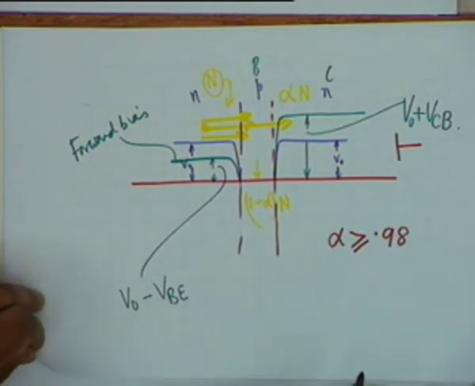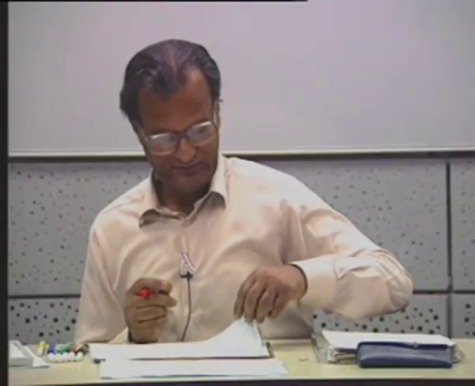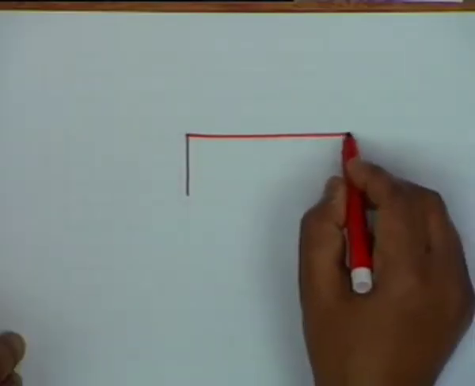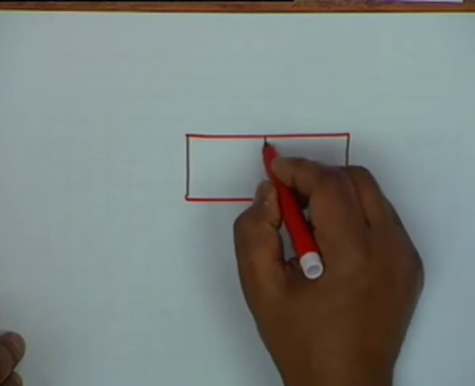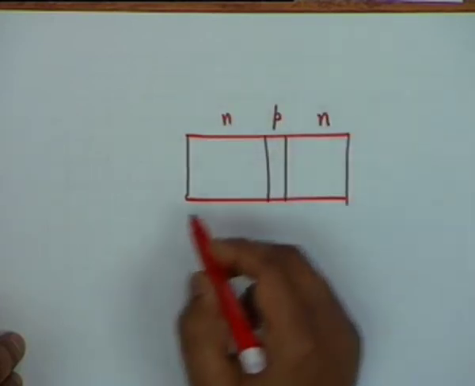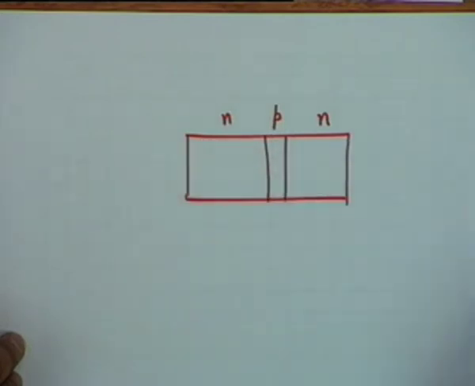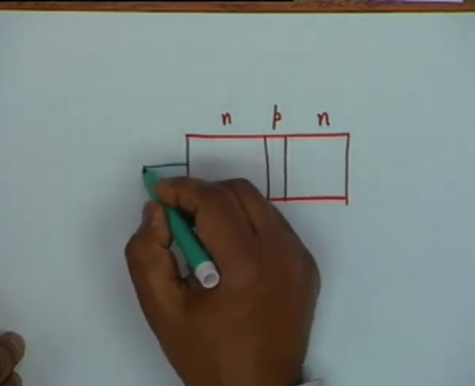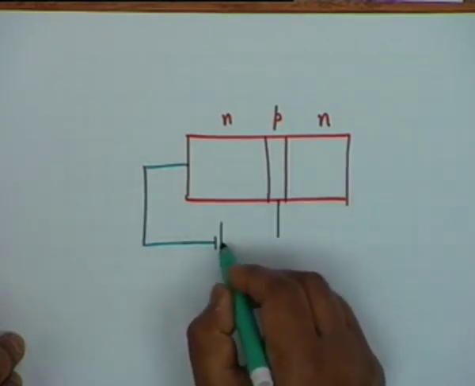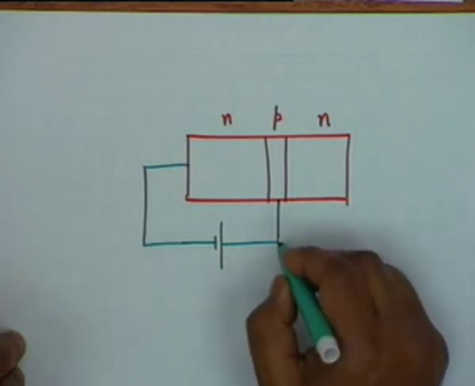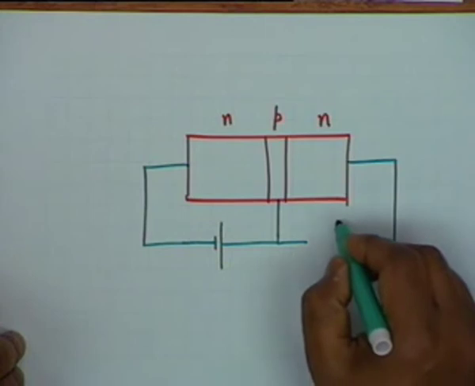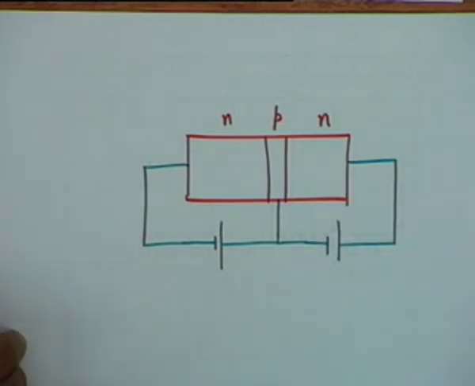Now, in terms of current, let me draw this figure again. This is P, N, N. This is the emitter region. Emitter base is forward biased, and this is reverse biased, which means that you have positive and negative here.